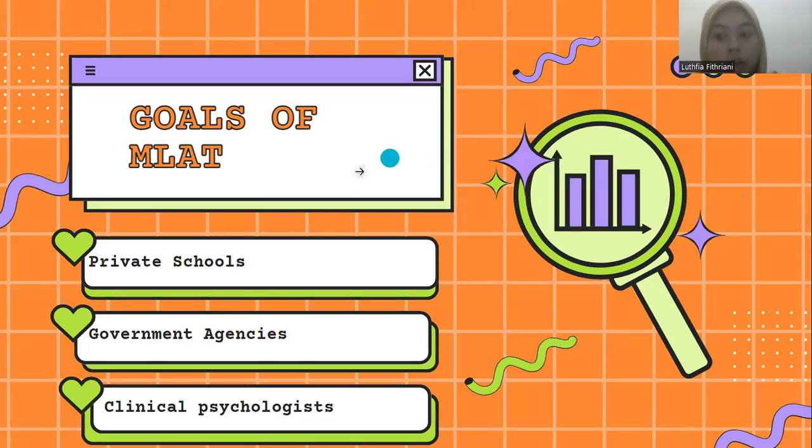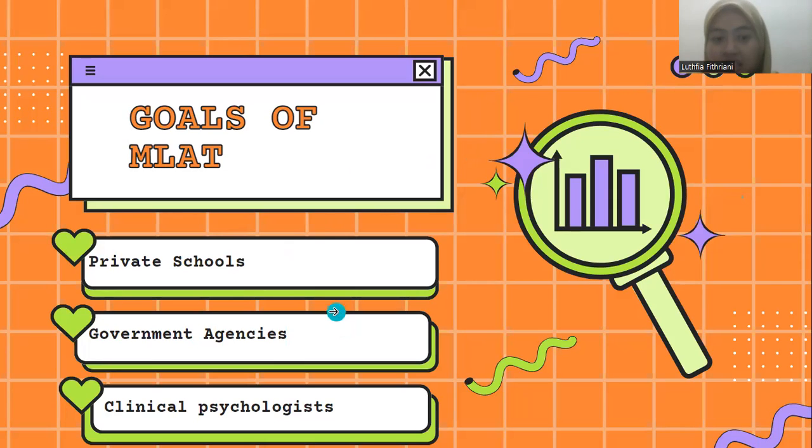For example, private school. In private school, the goal of the language aptitude test is for advising students who might be interested in studying a foreign language. The second, government agencies.